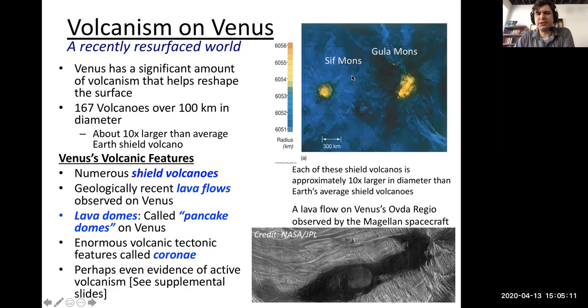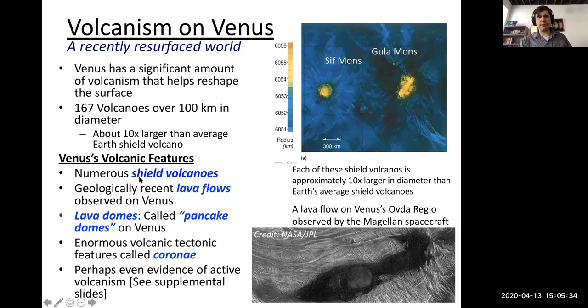A good example of a shield volcano would be the Hawaiian Islands here on Earth. However, unlike the ones on Earth, the shield volcanoes on Venus are about 10 times larger on average than your Earth shield volcanoes. So they're enormous volcanoes. It probably has to relate to the fact that there is no plate tectonics on Venus.